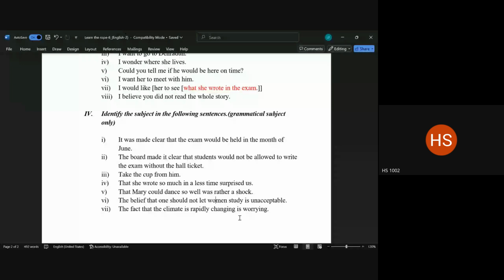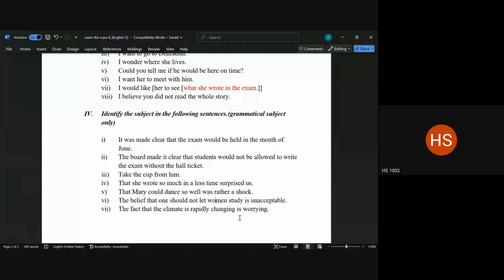One should not let women study, comma, the belief is unacceptable, or something of that sort. That is more of spoken language than written. When we deal with grammar, we are mostly looking at the natural variety of the sentence or phrase or clause, not the ones that are meant for informal situations. Yes, ma'am. Okay.